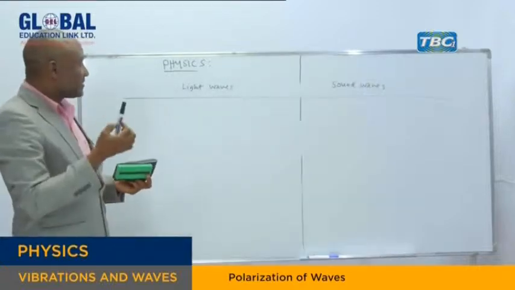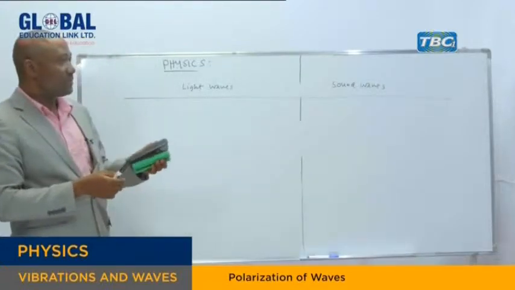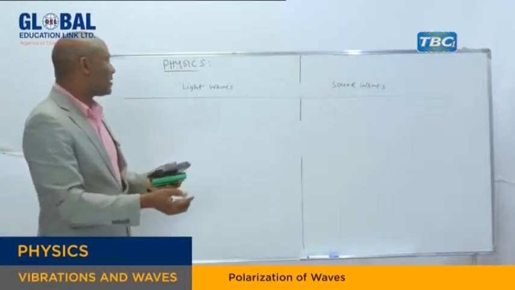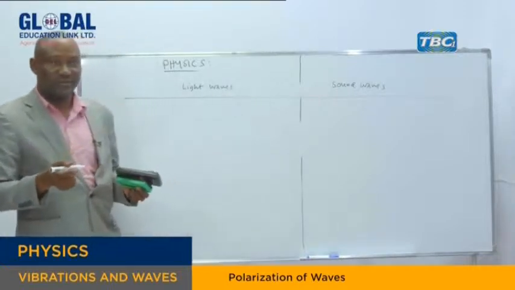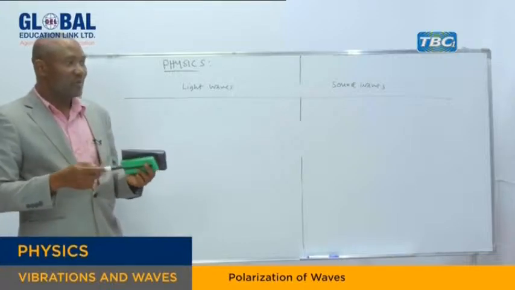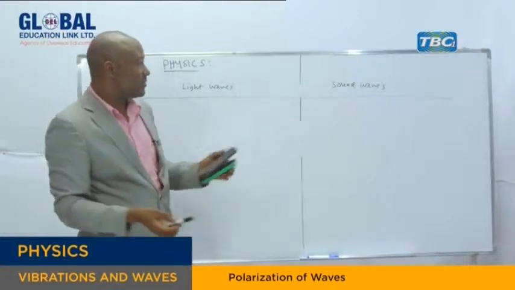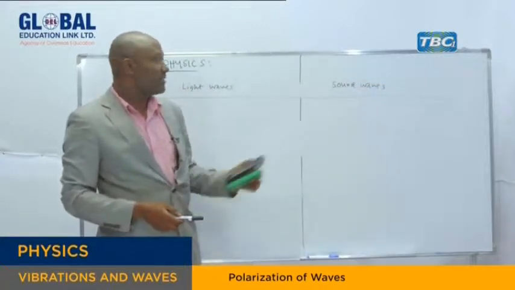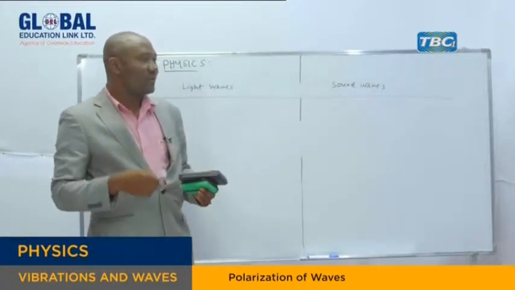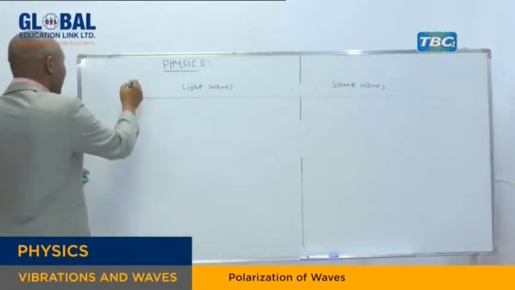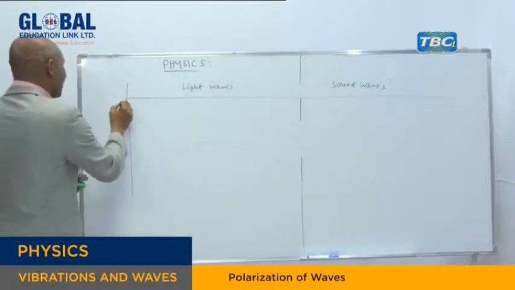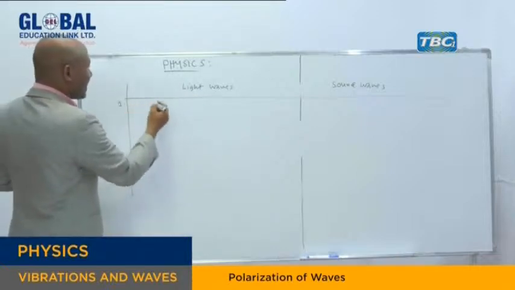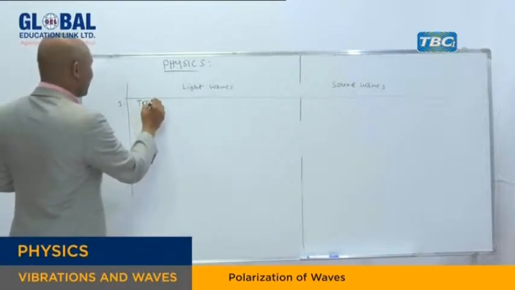So from our first part of polarization, we saw that when you talk of polarization, you're talking of polarization of transverse waves, waves whose vibration can be restricted. And we saw that there's no way you can restrict sound waves, because these sound waves are longitudinal waves. For the first difference you can give, to start, you can explain the nature of these waves. Maybe these are transverse waves.